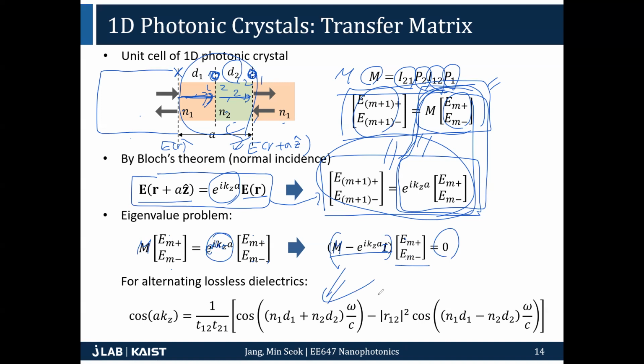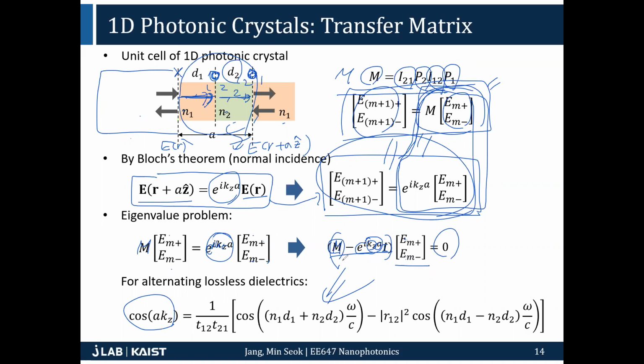So that is basically the dispersion relation of a periodically arranged 1D photonic crystal. Okay, so you can kind of see how all these things are coming from. So cosine k_g a probably is coming from here, right? There's a k_g and a, so there's something related with cosine.